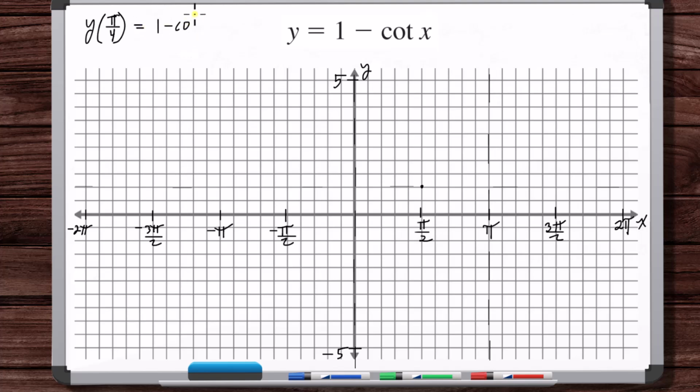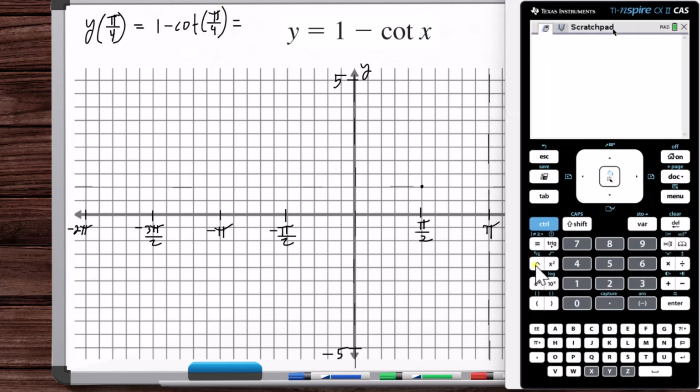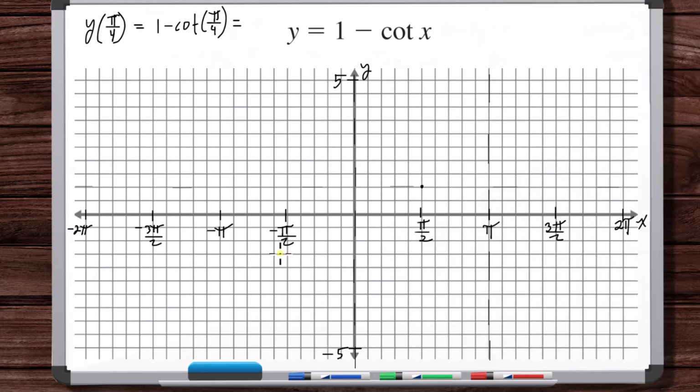So that's 1 minus cotangent pi over 4. Okay, cotangent pi over 4 is 1, so 1 minus 1 is 0. It's kind of confusing, but the 0 of the imaginary shifted x-axis is actually going to be 0.